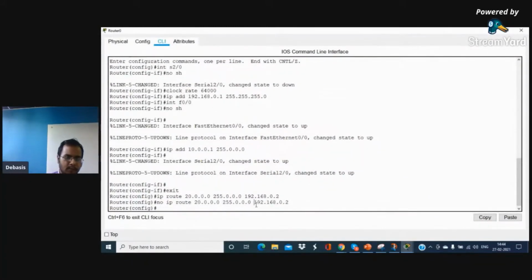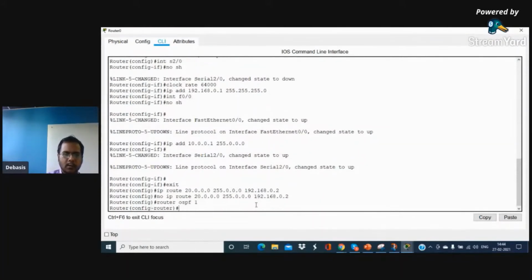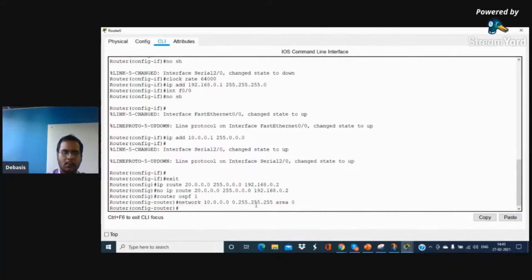So let's configure OSPF. Router ospf, process ID 1, then only the source networks. The source is 10.0.0.0 with its wildcard mask. Another is 192.168.0.0.